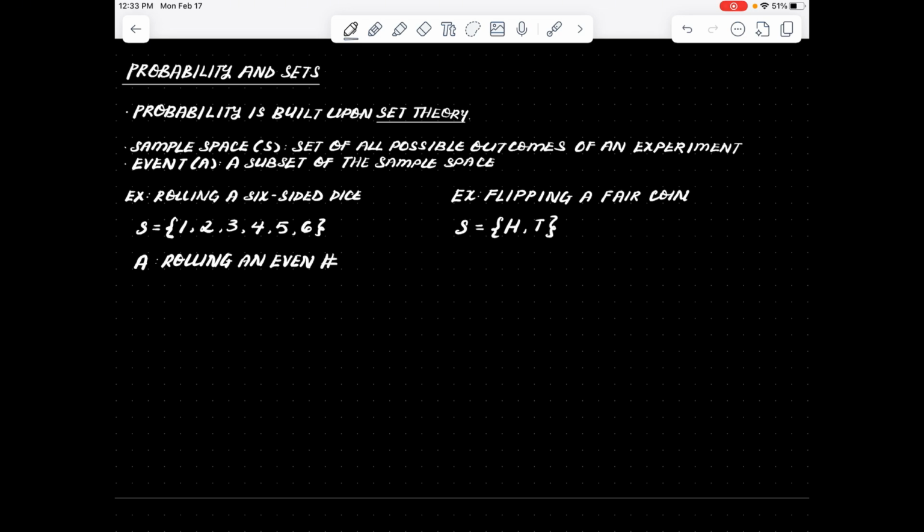So if we're rolling an even number, then the event A is either 2, 4, or 6. In the second example, where we're flipping a fair coin, we can define an event as landing on heads. So then our event A is just H, which is landing on heads.